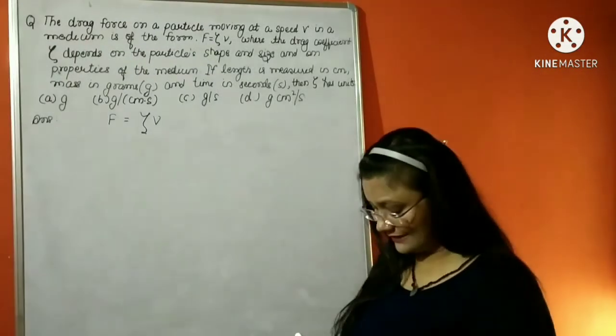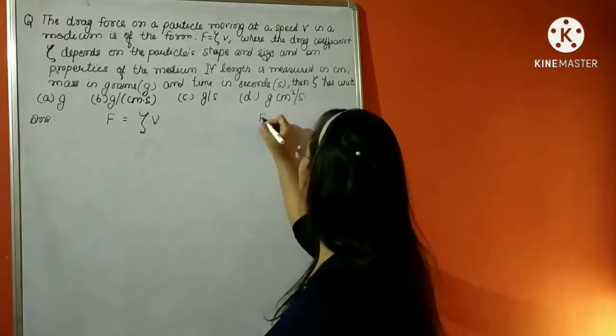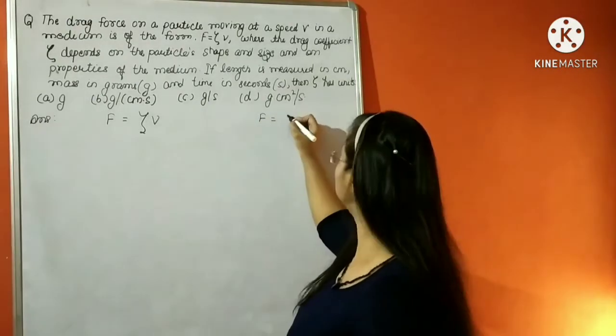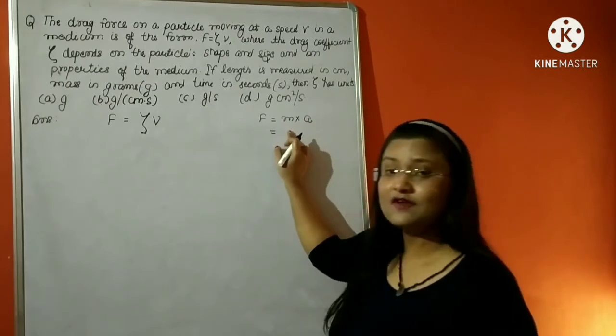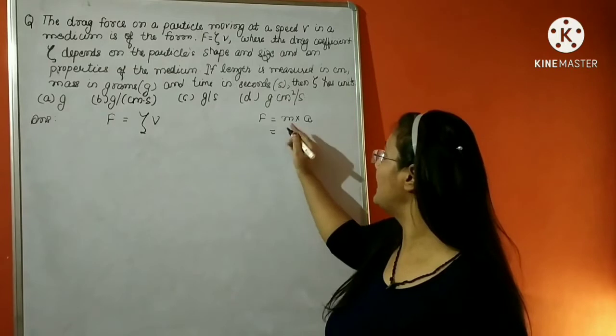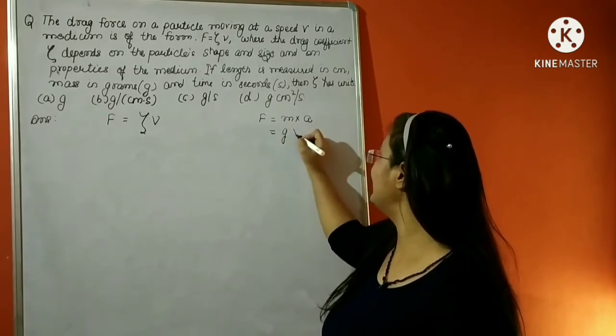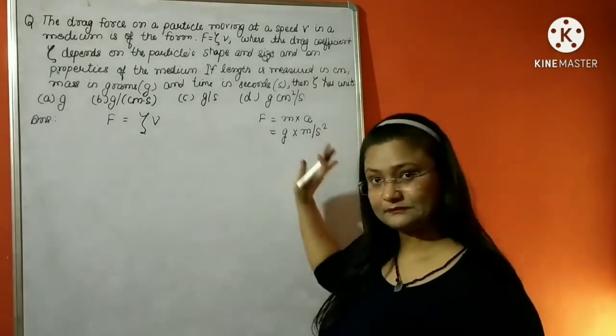Now we know that force is mass into acceleration, and we have unit of force. Mass is gram and acceleration is meter per second square. Right.